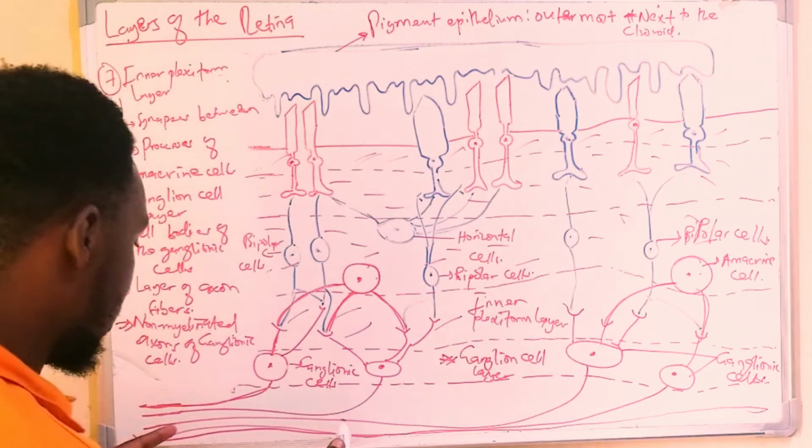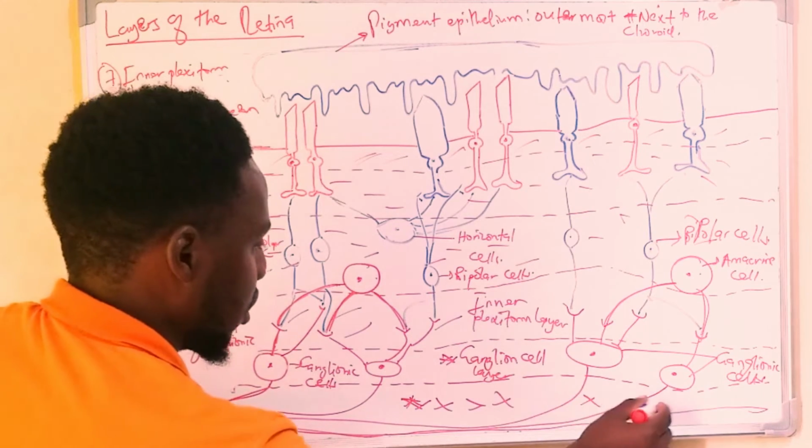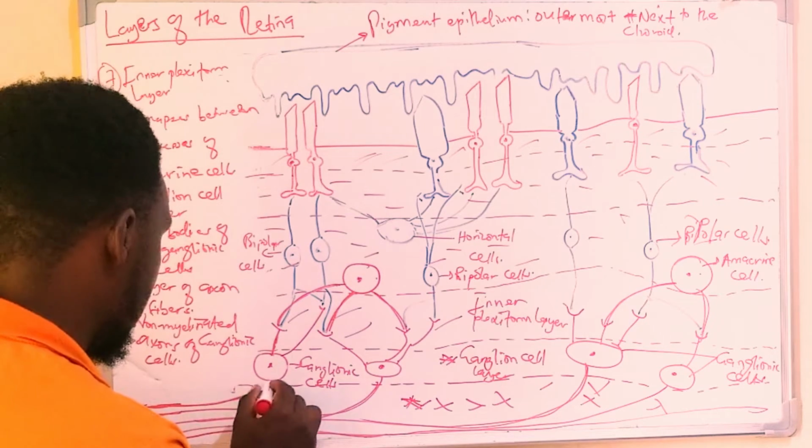So you can see here in this layer, which is the one we're talking about, these axons of ganglionic cells that are moving in here.